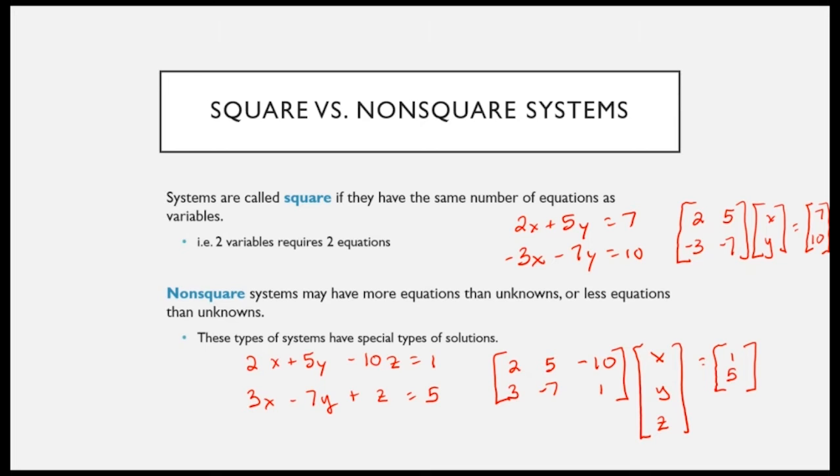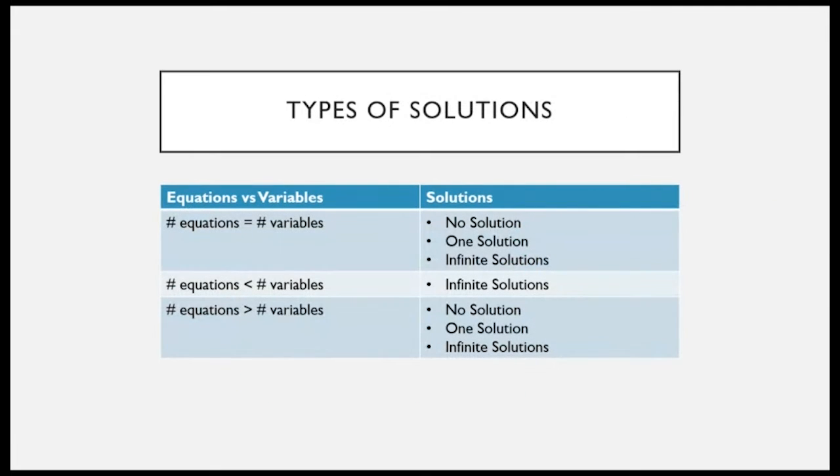The way we solve these is a little trickier, mostly in how you write your solution. So I've made a table here. If you have the same number of equations as variables, so two equations and two variables, you can have no solution, one solution, or infinite solutions, but we know that we can solve this.